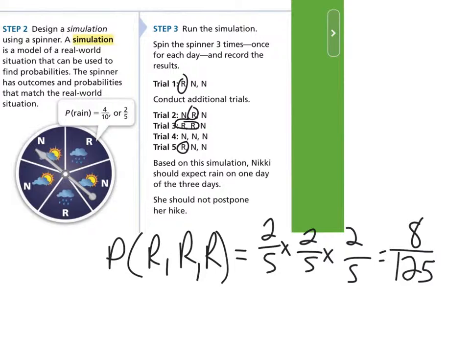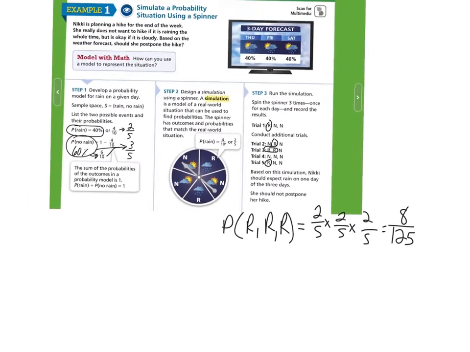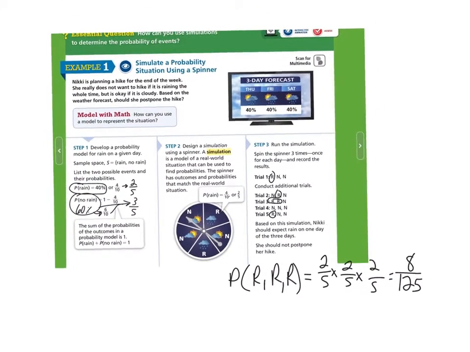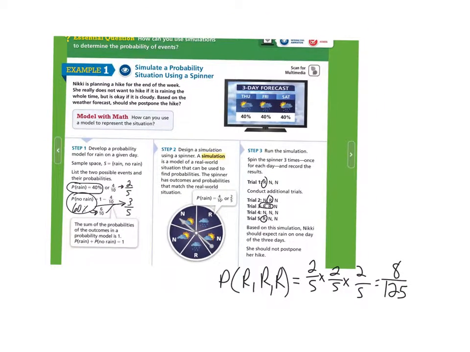So theoretically, if there's a 40% chance of rain each day, there's only an 8 out of 125 chance of it raining all 3 days. For some reason, it seems like when there's at least a 40% chance of rain, then it rains. But anyway, theoretically, if she is okay with it, as long as it doesn't rain all 3 days, then she might be okay. But if she wants to just hold off and wait for a time when it's not going to have as good a chance of raining, that might not be a bad idea either.